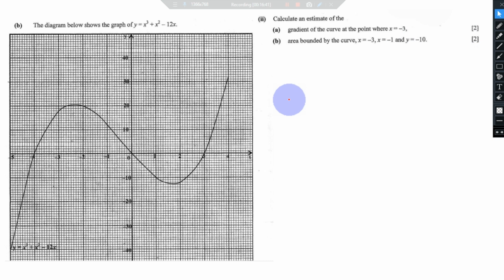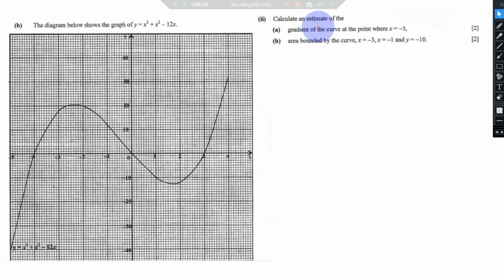So this time around, I'm going to teach you how to find the gradient using coordinate geometry, a different formula. Of course, both methods are correct. You can use calculus or you can use this method. Okay, so let us begin.